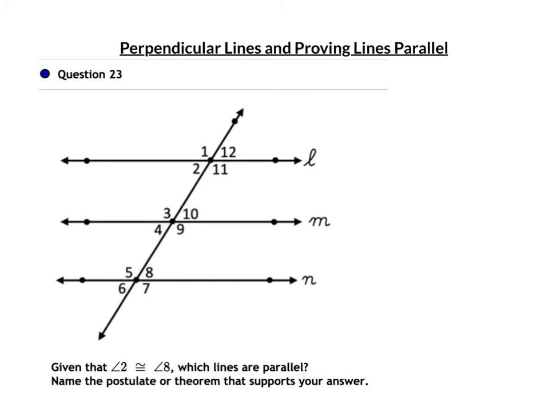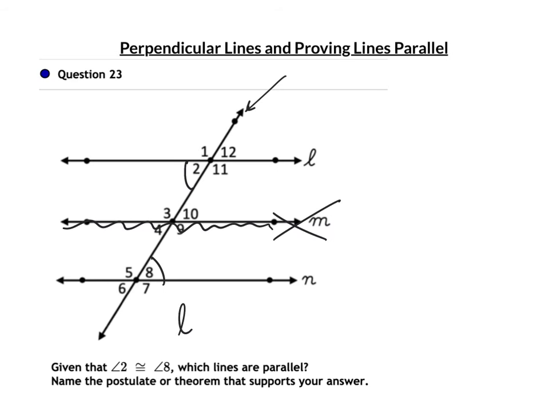Question 23. Given that angle 2 is congruent to angle 8, define those, angle 2 and angle 8. So we're ignoring this line right here in the middle. 2 and 8 are alternate interior angles. They're between the parallel lines. And there's my transversal.